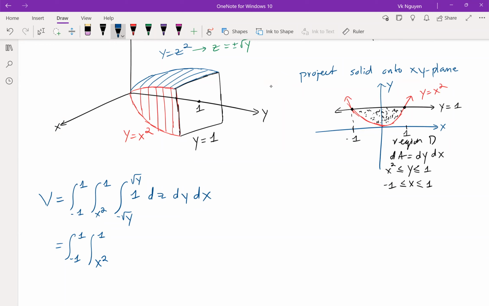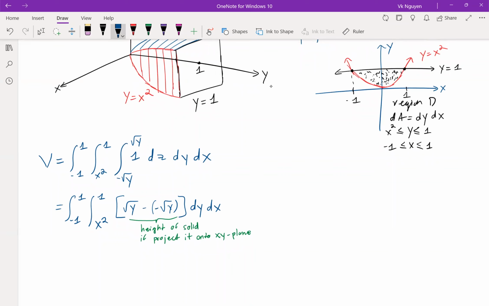And then z is equal to root y, so root y minus root y, dy dx. Work it out, and the answer is going to be a/3. Yay!